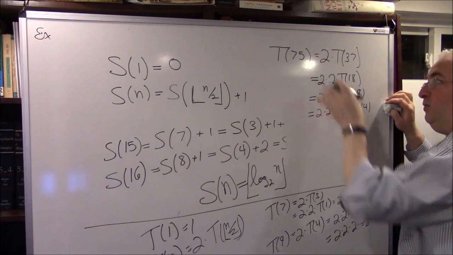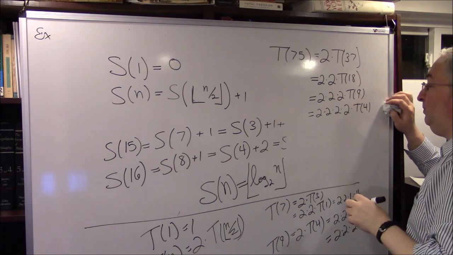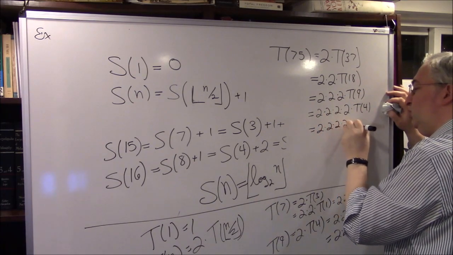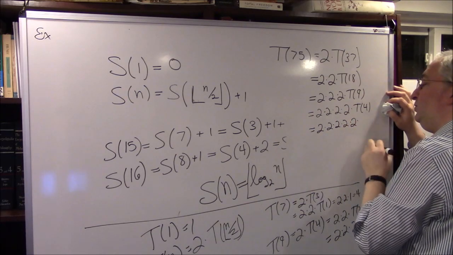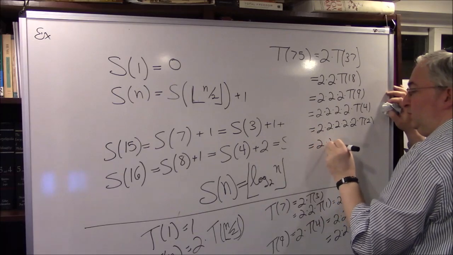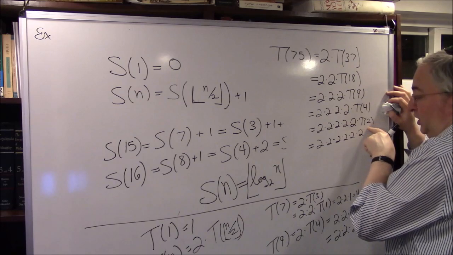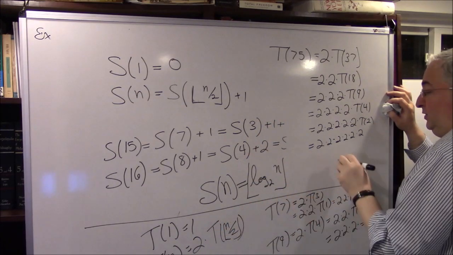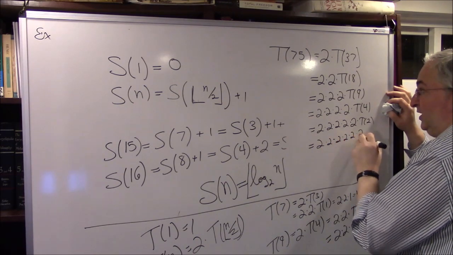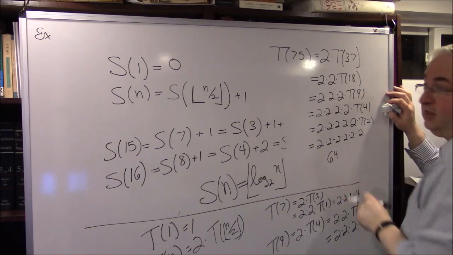Okay, every time we can divide, we multiply by 2. And so this is equal to 2 times T of 2. And so this is equal to 2 times T of 1. T of 1 is 1, so we stop there. So this is equal to 1, 2, 3, 4, 5, 6, 64. T of 75 is 64.